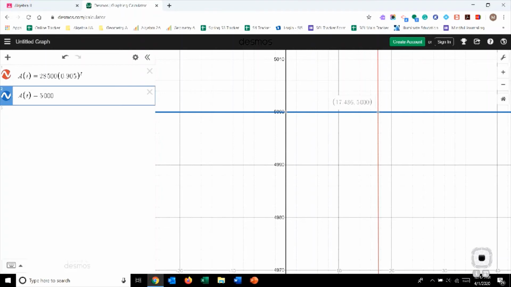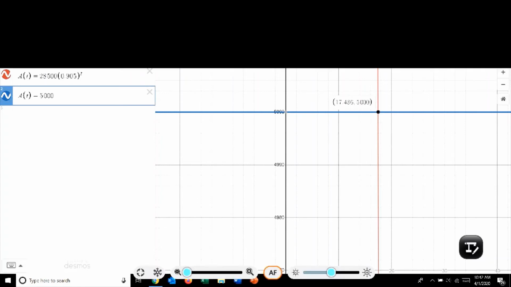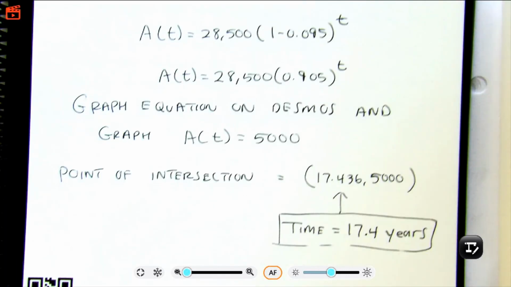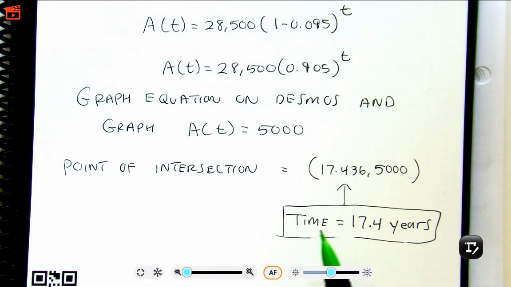So it will roughly take 17 years for the value of the truck to decay to $5,000. So around 17.4 years.